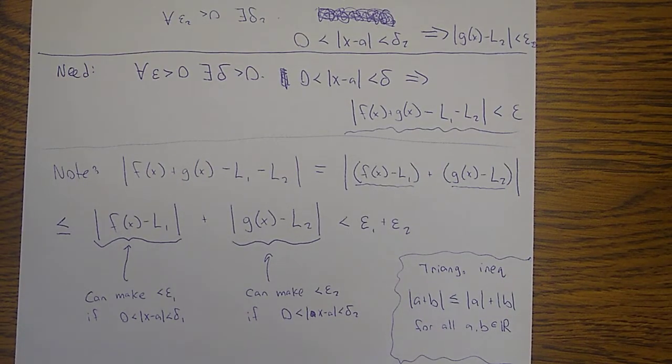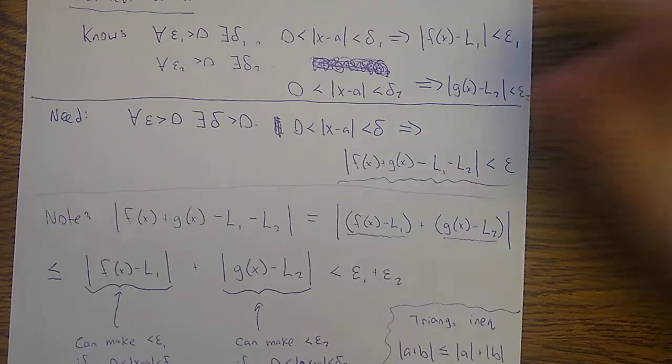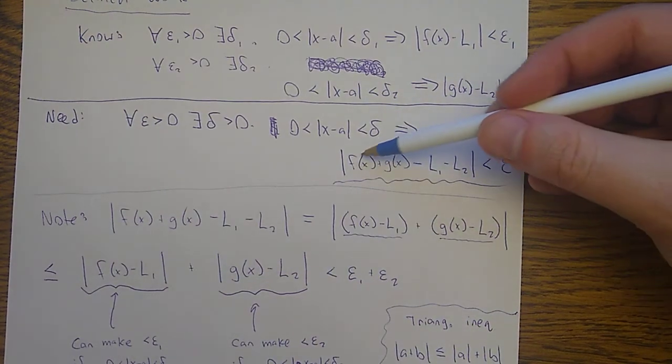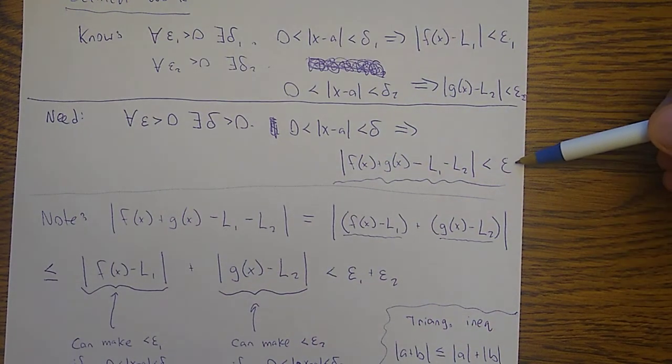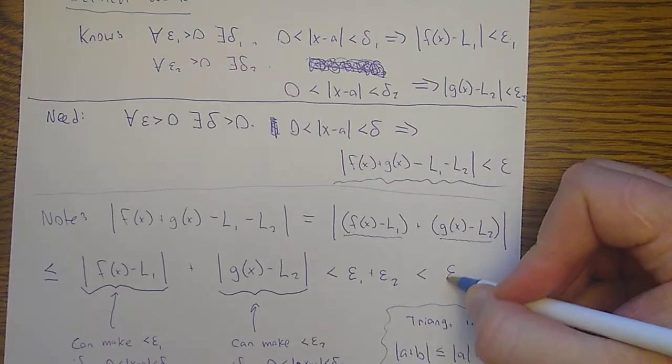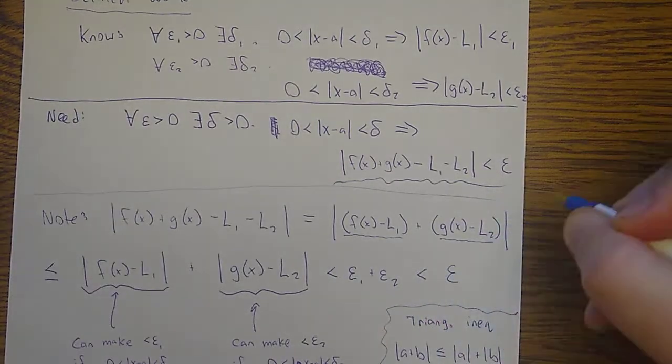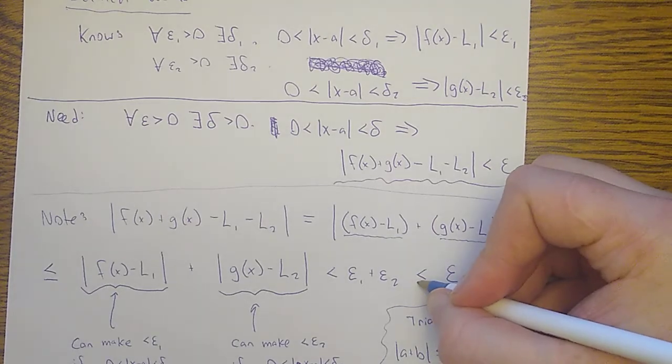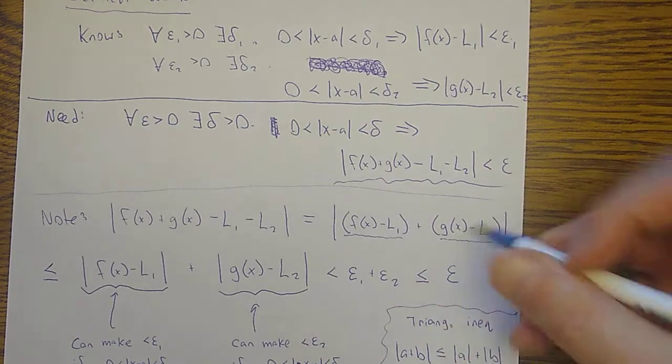What do I need out of this? Again, for this, I was just going to be less than epsilon. So I could make this less than epsilon, or actually, why don't I make it less than or equal to epsilon?